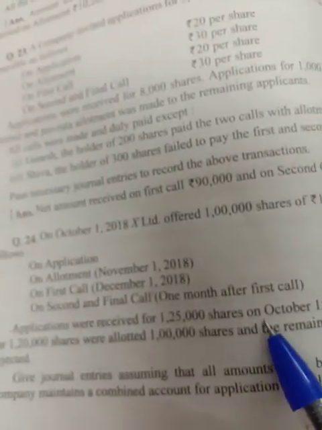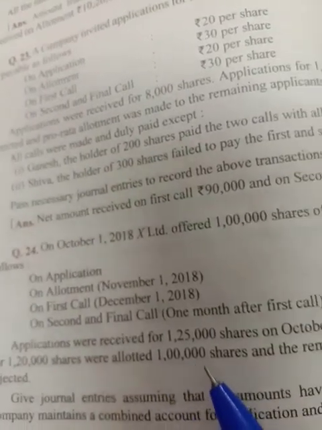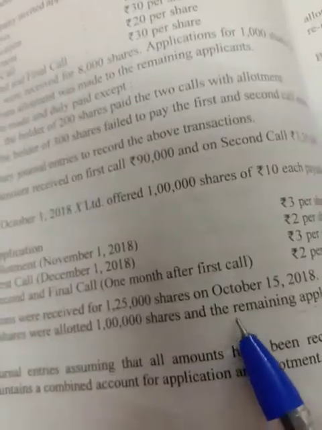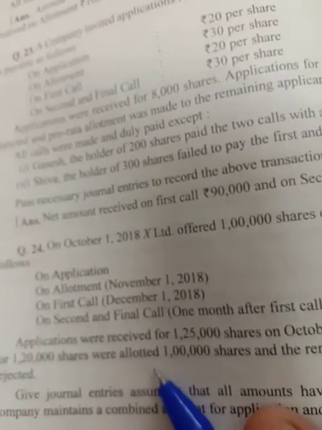So definitely you will receive the application money on 1,25,000 shares, and applications for 1,20,000 were allotted 1 lakh shares, and the remaining applicants were rejected. So those 1,20,000 who applied have been allotted 1 lakh shares, and the remaining share applications will be rejected. Pass journal entries. All the amounts have been received, and the company maintains a combined account of application and allotment account.